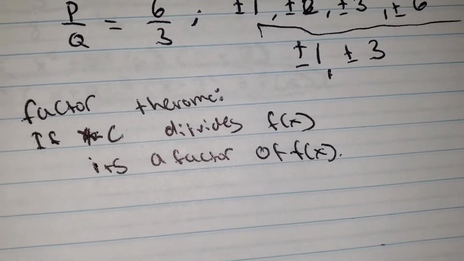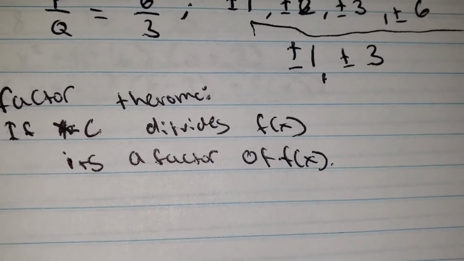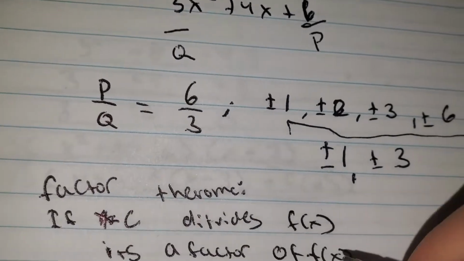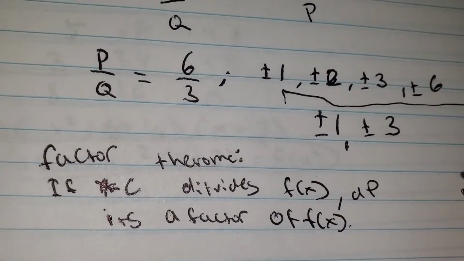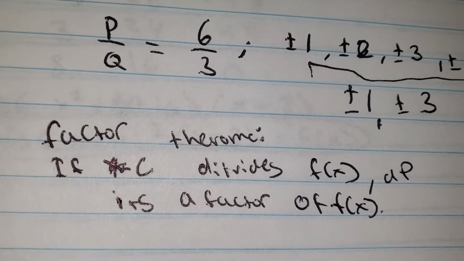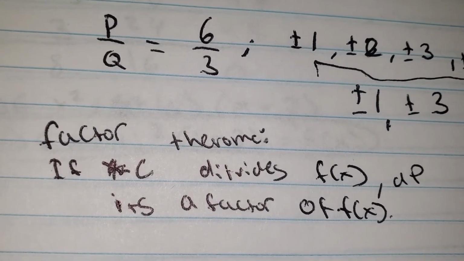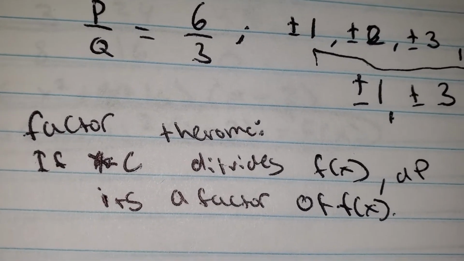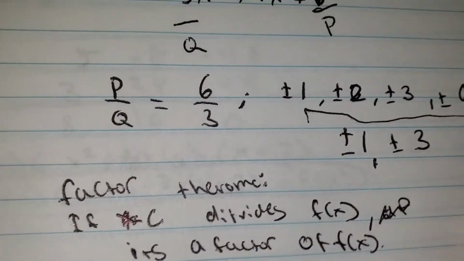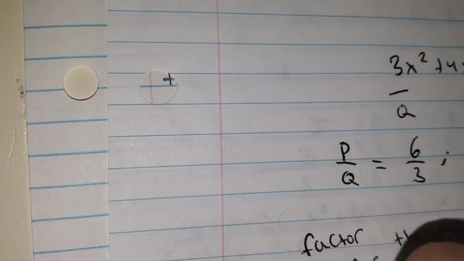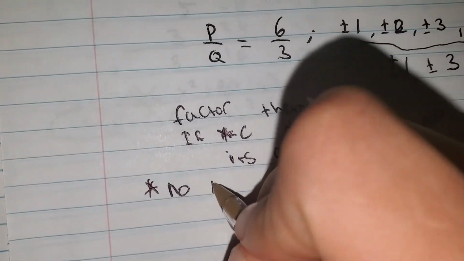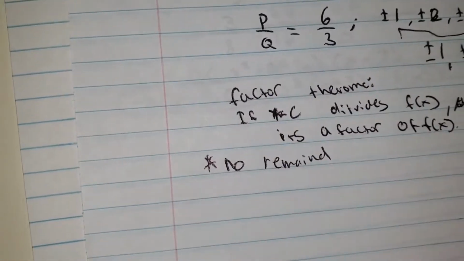So if we divide our polynomial by x minus c and it divides evenly, it's a factor, with no remainder. So we cannot have a remainder. Sorry about that, guys. Let me fix that so you can see it. No remainder can be had.